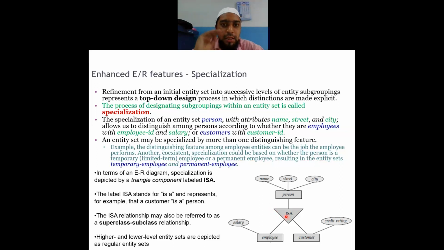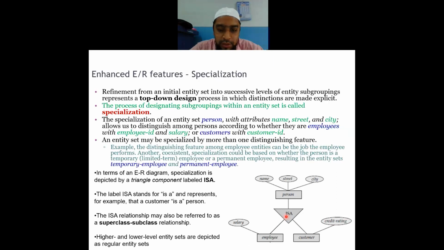It all depends how we are looking at this diagram. If we are looking from top to down design, it becomes specialization. If we are going from superclass to subclass, it becomes specialization. If we are going from subclass to superclass, then it becomes generalization. Is it clear for everyone?